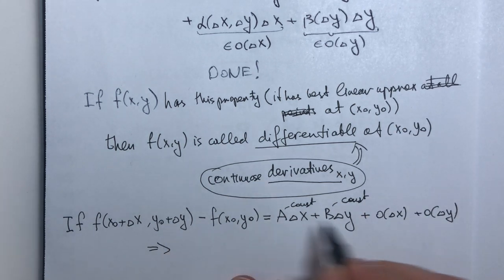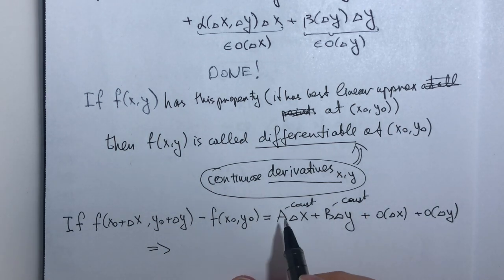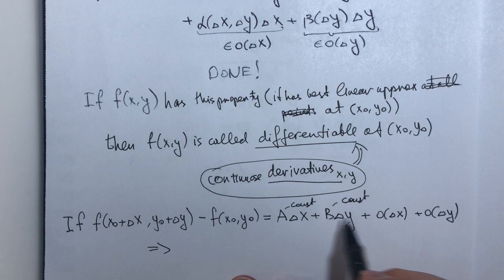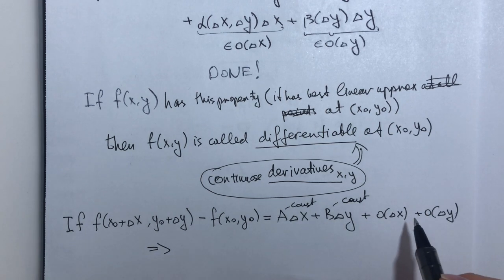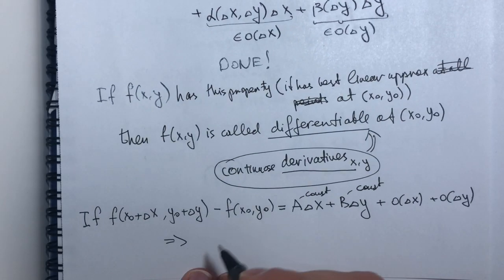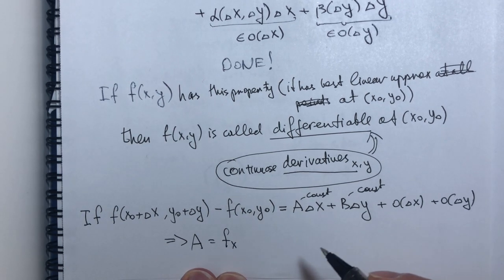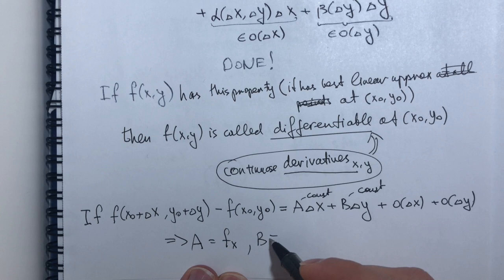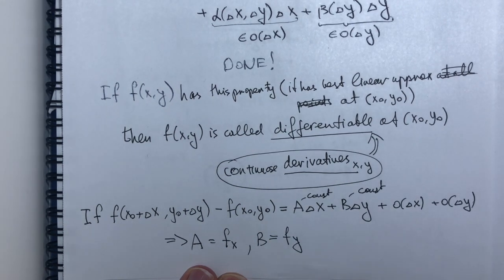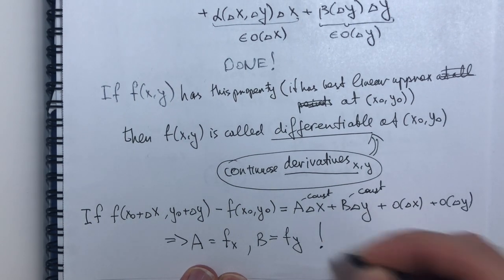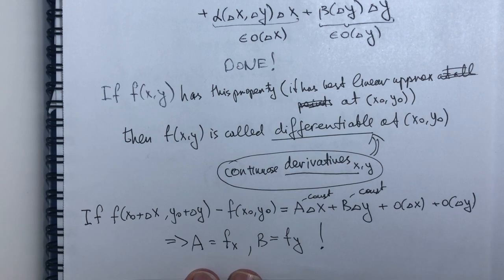So if we can write this difference as a sum of linear terms and higher order terms, then it is necessarily true that A is indeed the partial derivative with respect to x and B is fy. So this is important, okay?